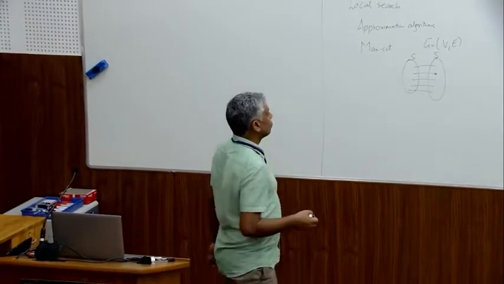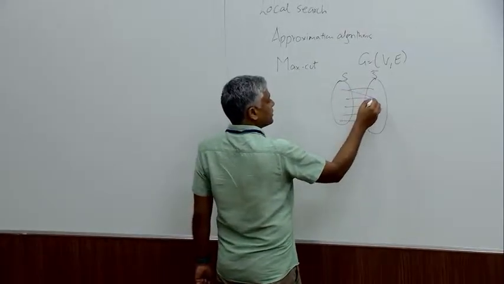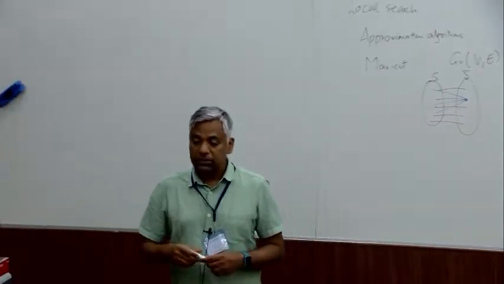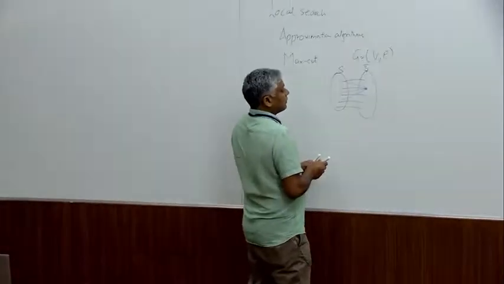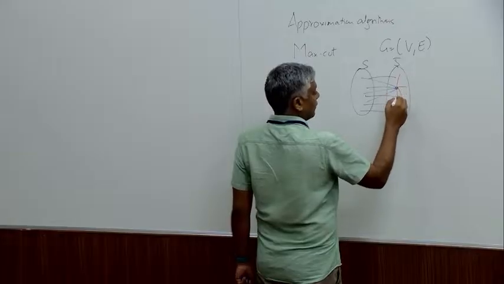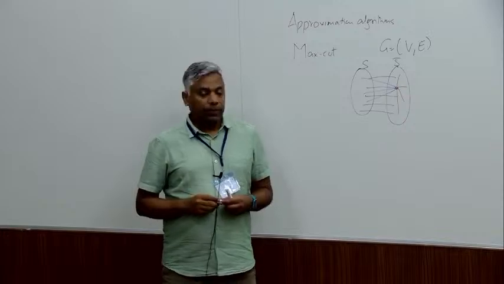Okay? So when will it increase? It will increase if the number of edges that I have here is less than the number of edges I have here. Right? The blue is less than the red. Why?